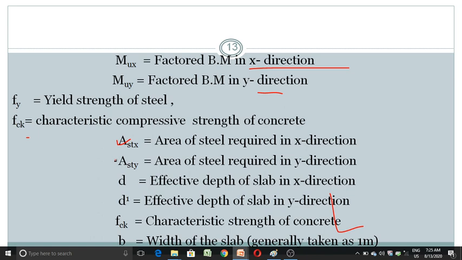ASTY is the area of steel provided in the middle strip region along the Y direction, small d is the effective depth of the slab in the X direction, d dash is the effective depth of the slab in the Y direction, and B is the width of the slab, generally taken as 1 meter. These are the terms you are likely to use in this step-by-step design procedure of two-way unrestrained slabs.